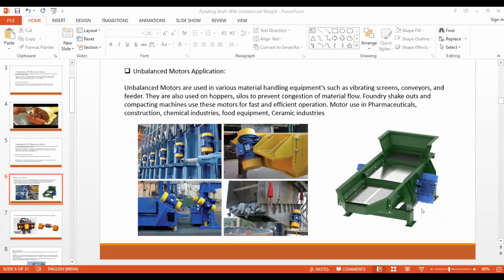So for vibration, or to convey some product in a line or maybe in spiral formation, you will see this kind of arrangement. And in the left side of the image, the first one, the vibration motors are in vertical direction.